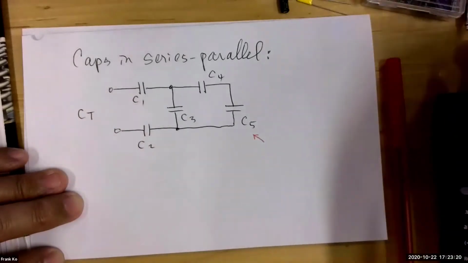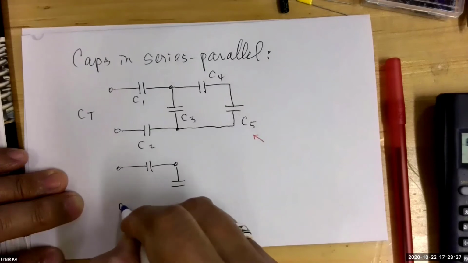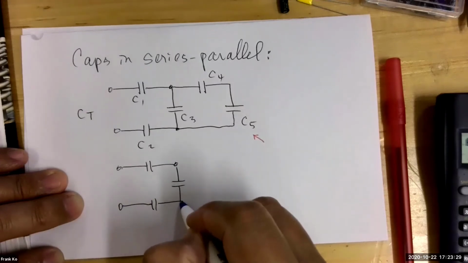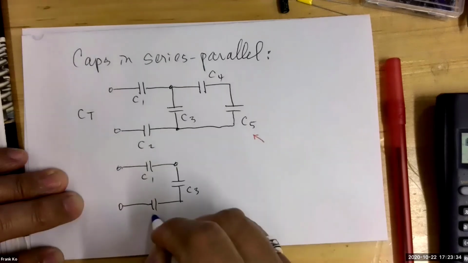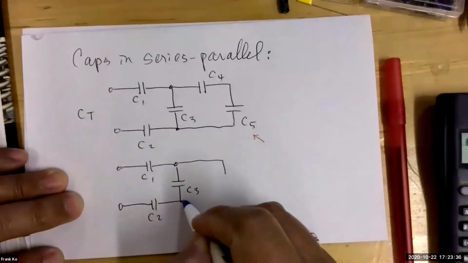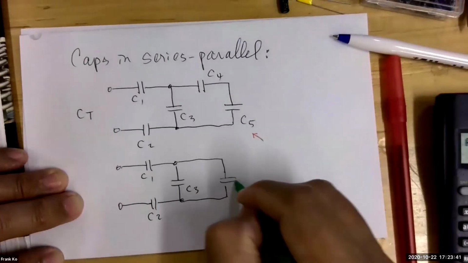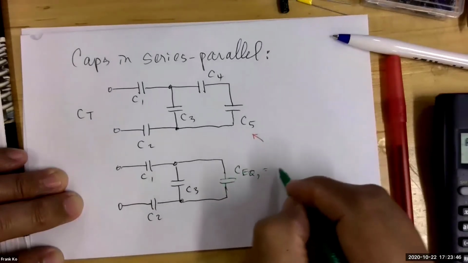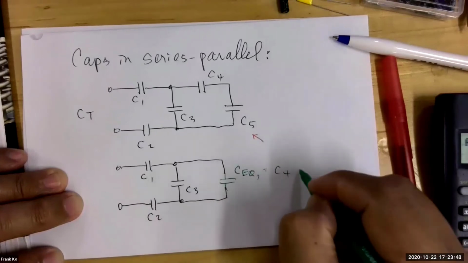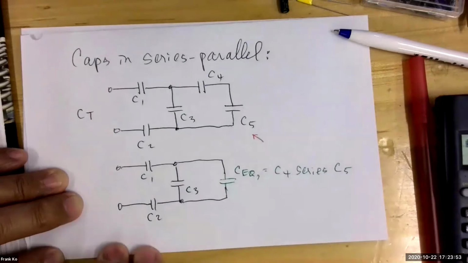Okay? So if I do a redraw, my C3 is here, my C1 is here, my C2 is here, and over here, these guys become CEQ1, which is equal to C4 series C5, yes?